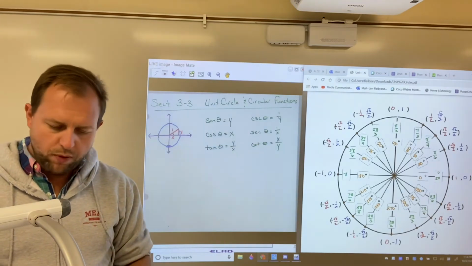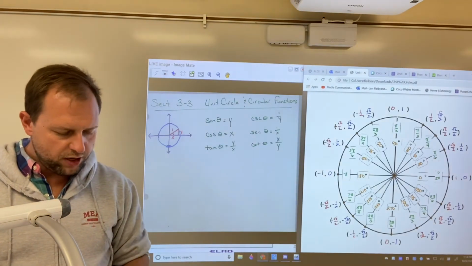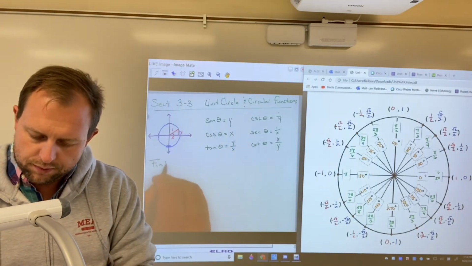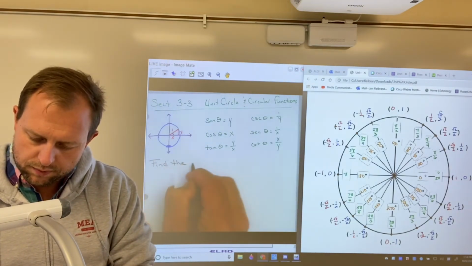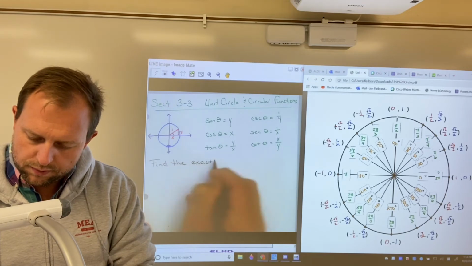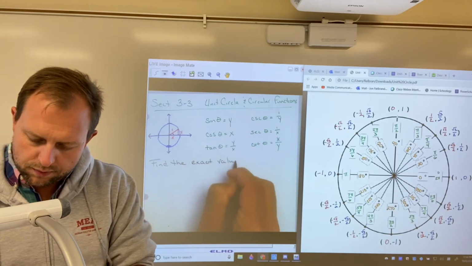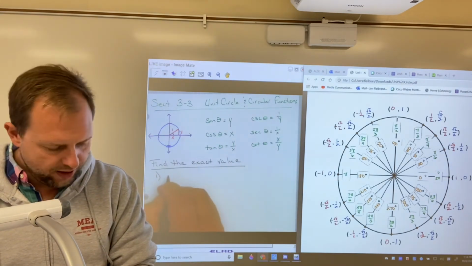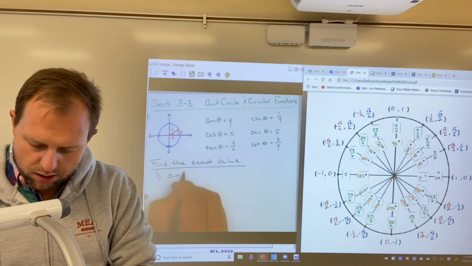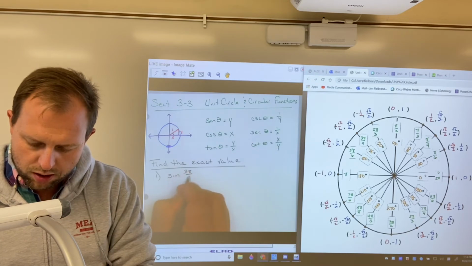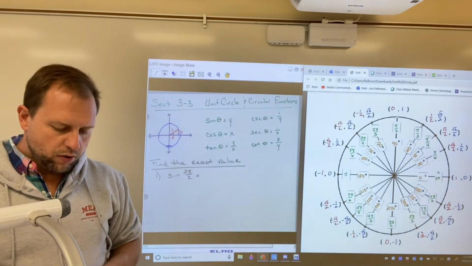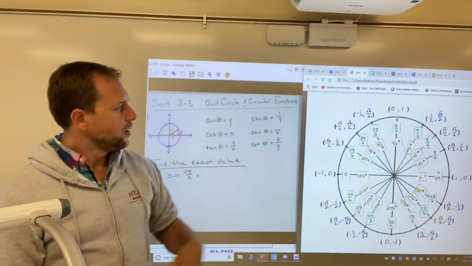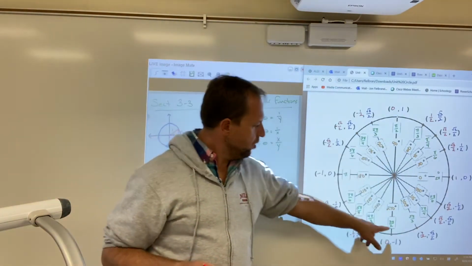So for some of the problems we're going to have, they're going to ask us to find the exact value. We're asked for the exact value of sine 3 pi over 2. We are going to just go and look at 3 pi over 2.